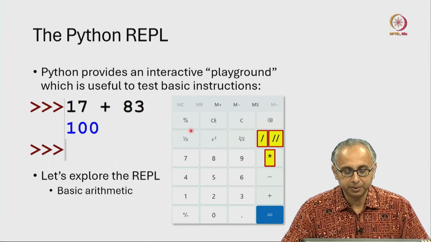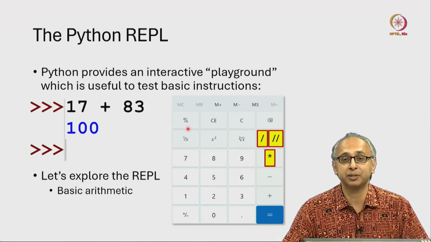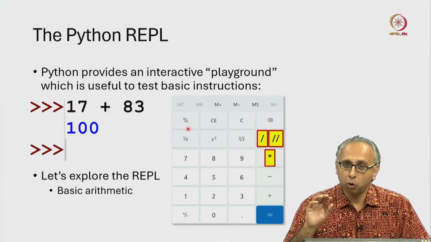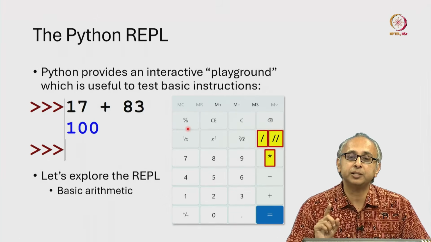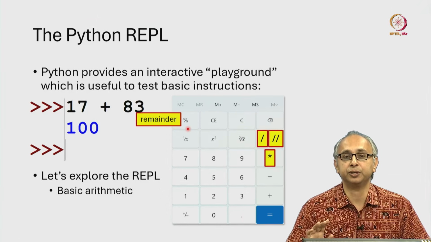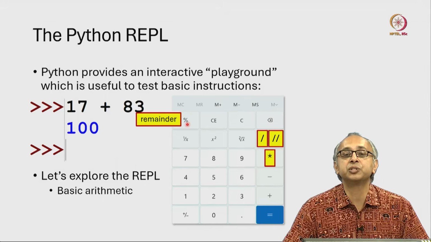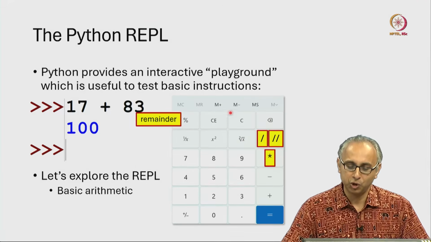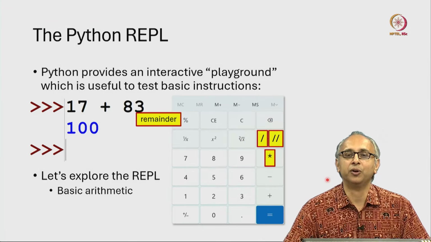Now it's important to remember that the percent symbol that is available in a standard calculator is also available in Python as an operator, but it means something different. So we will read this as remainder, and we will see an example of how to use all these operations on the next slide.